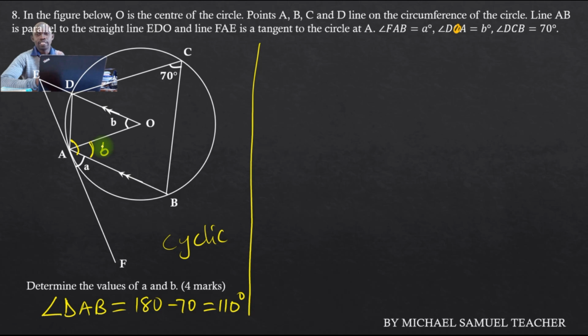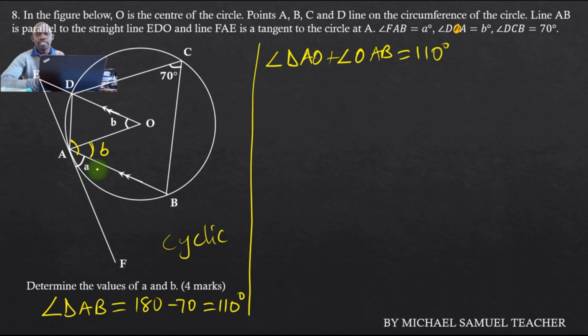And angle DAO plus angle OAB, they add up to 110 degrees. That is angle DAO plus angle OAB, they add up to 110 degrees.